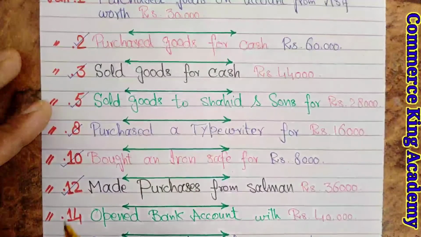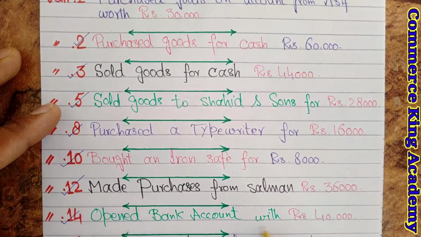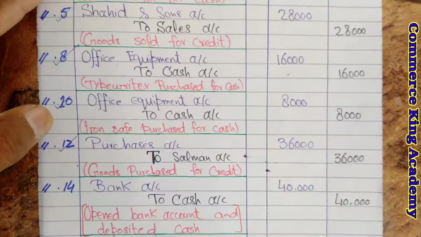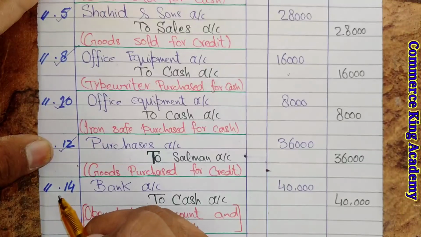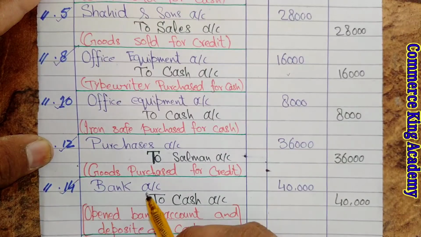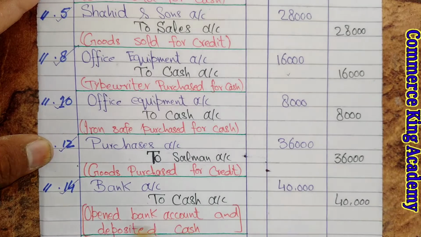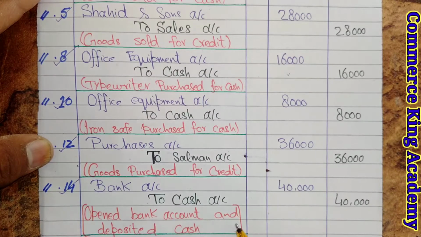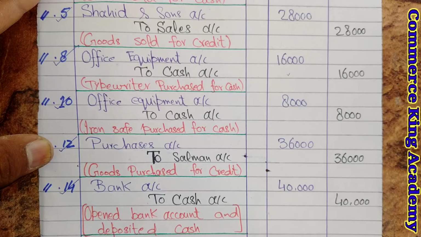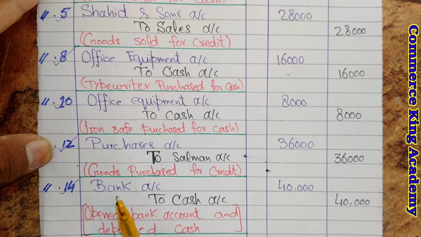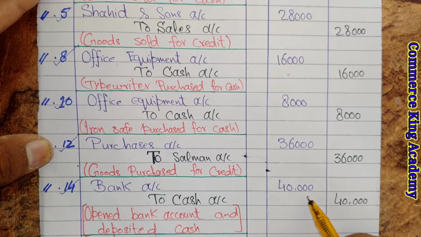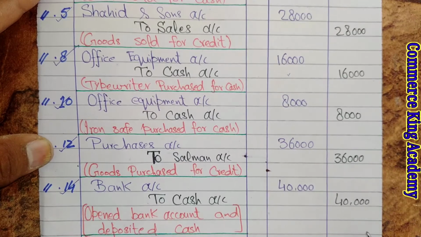The next transaction is Jan 14th, opened a bank account with 40,000 rupees. So the journal entry for the transaction held on Jan 14th, right? Bank account debit to cash account credit, because we opened a bank account and deposited cash into the bank. So cash will be credited and bank will be debited, with amounts 40,000 rupees debit and 40,000 rupees credit.